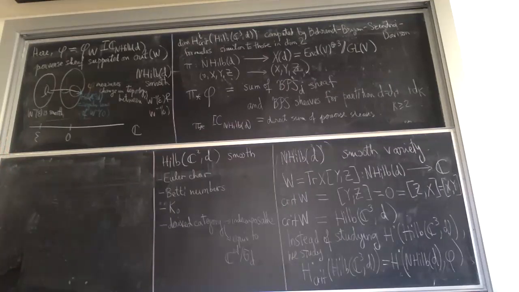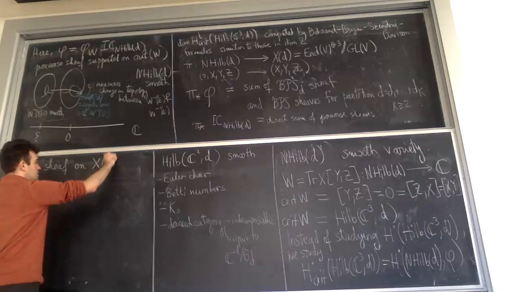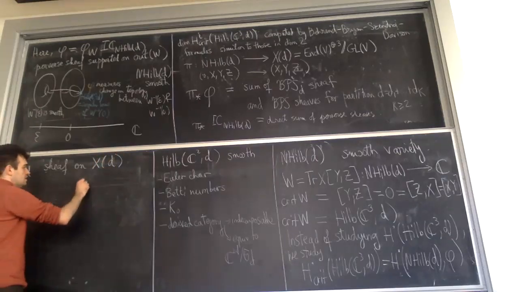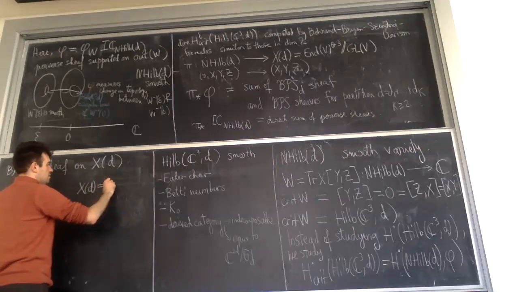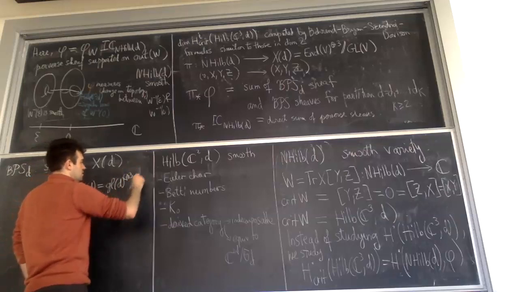So this is what I'll mention about this BPS sheaf, the BPS_D sheaf. So again, this is a sheaf on XD. So XD was GL_D to the 3, so triplets of matrices up to conjugation.